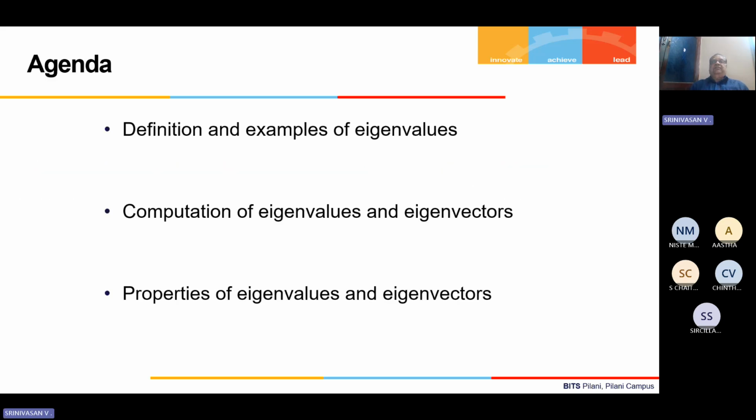Look at definition and examples of eigenvalues, computation of eigenvalues and eigenvectors, properties of eigenvalues and eigenvectors as I already listed.